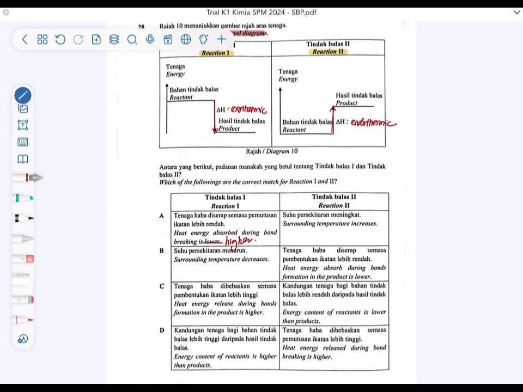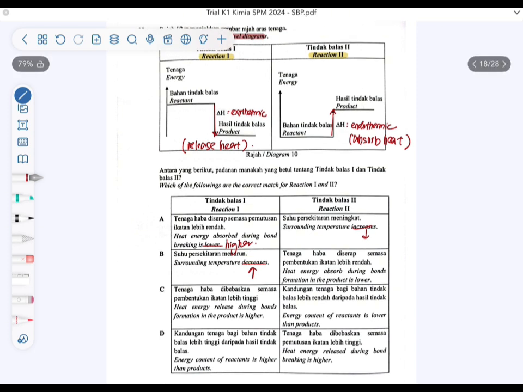And then for reaction 2, the surrounding temperature should be decreased. The reason it is an endothermic reaction is because it absorbs heat from the surrounding. Oppositely, the exothermic reaction will release heat to the surrounding. So the surrounding temperature for reaction 1 should be increased.